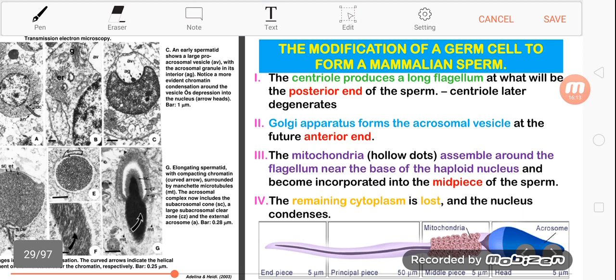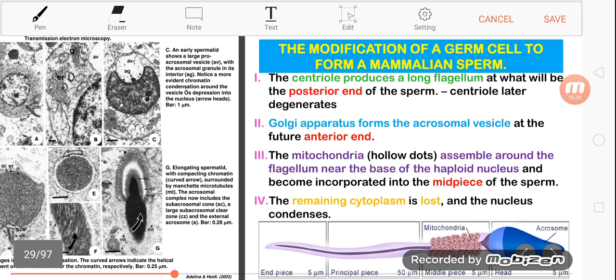One of the centrioles, the proximal centriole, will produce the neck, which assembles together the mitochondria. The distal, the hindmost centriole, will produce the tail, a long flagellum that will be the posterior end of the sperm.